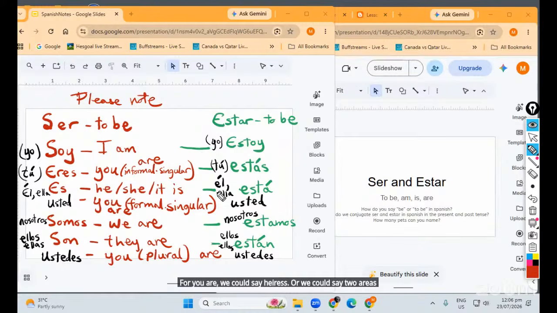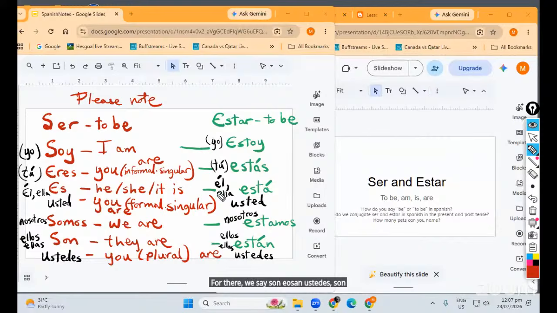For he is, or she is, or it is, or usted, you are, we say él es, ella es, usted es. All right? For we are, we say somos or nosotros somos. For they are, we say son, ellos son, ellas son, ustedes son.